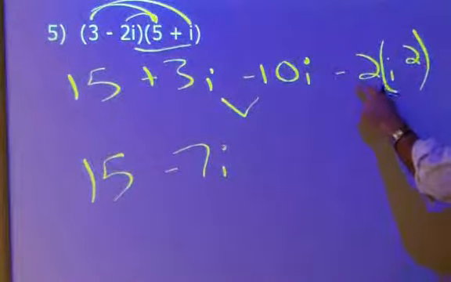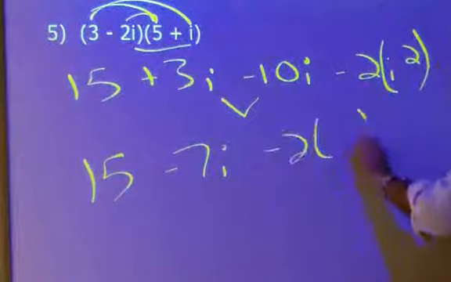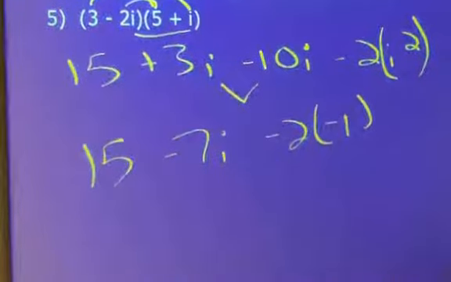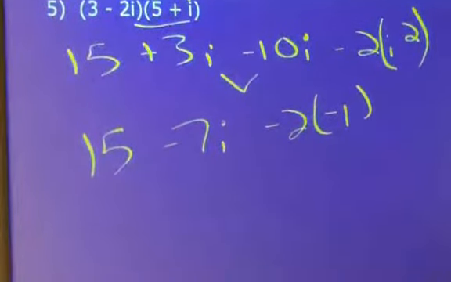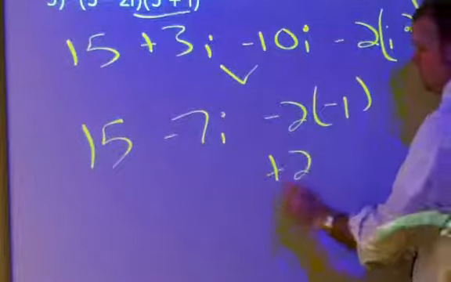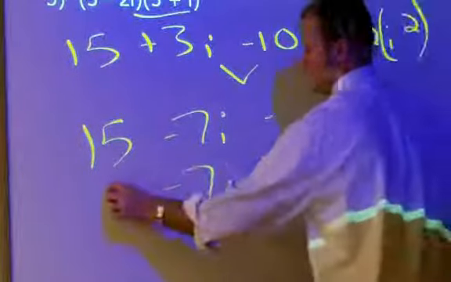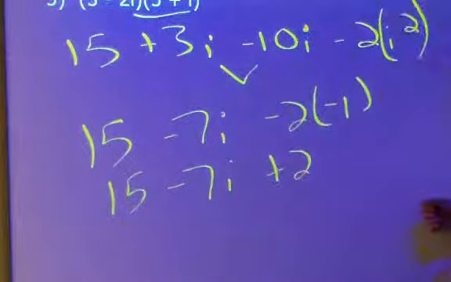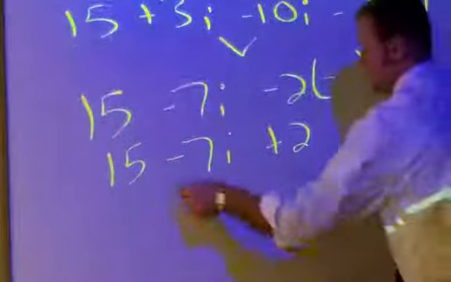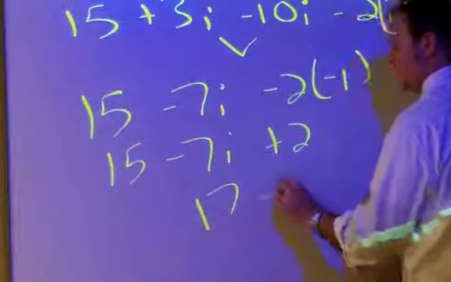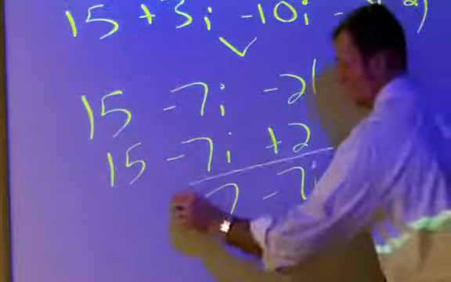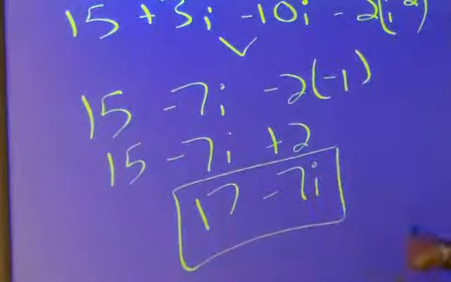And I've got negative, so minus 2 times -1. Once you do these a couple hundred times, you realize just to write this as plus 2, minus 7i, and 15. So I got 15 plus 2 is 17, minus 7i. Complex number, imaginary term goes second. 17 minus 7i. Done.